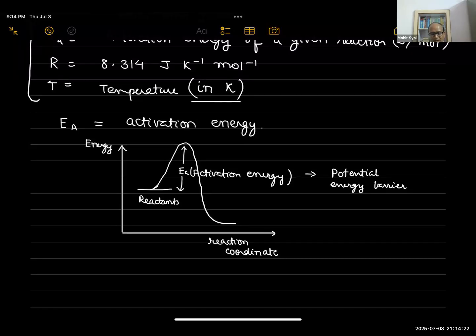The reactant molecule must have this much extra energy, then only they can come to the other side. So that extra energy needs to be given. That is called activation energy.